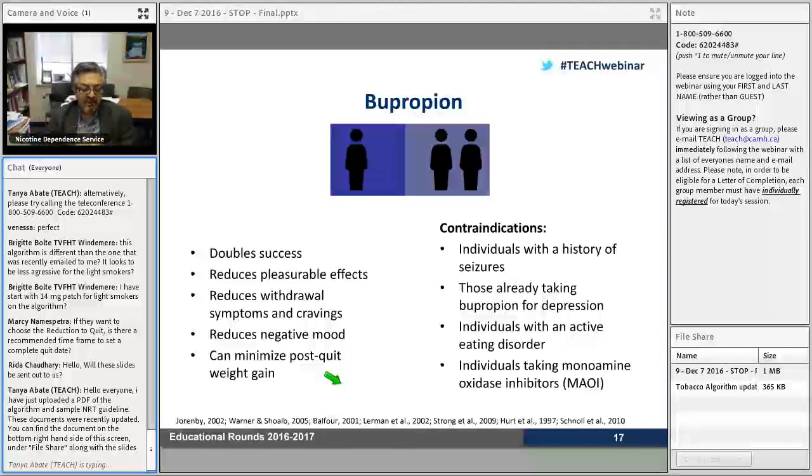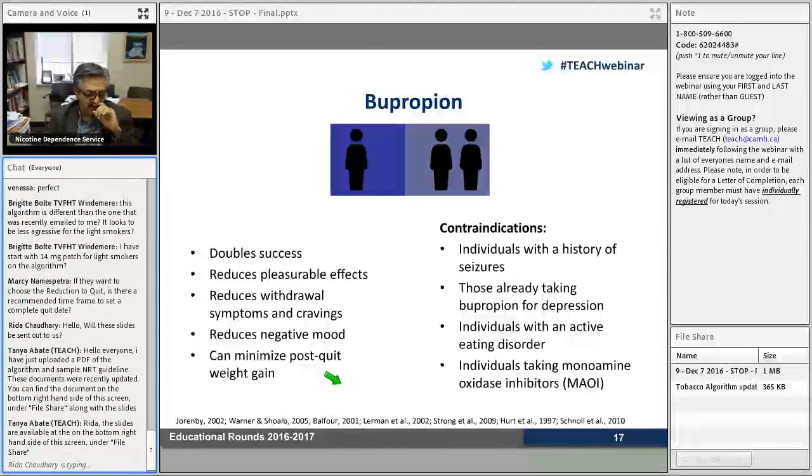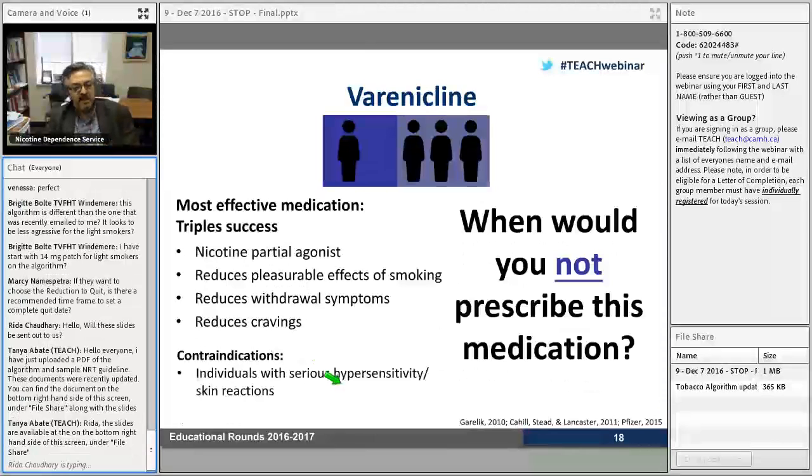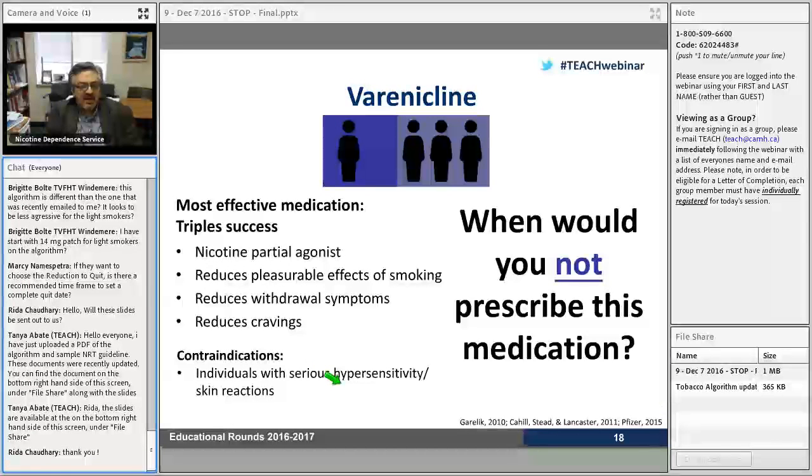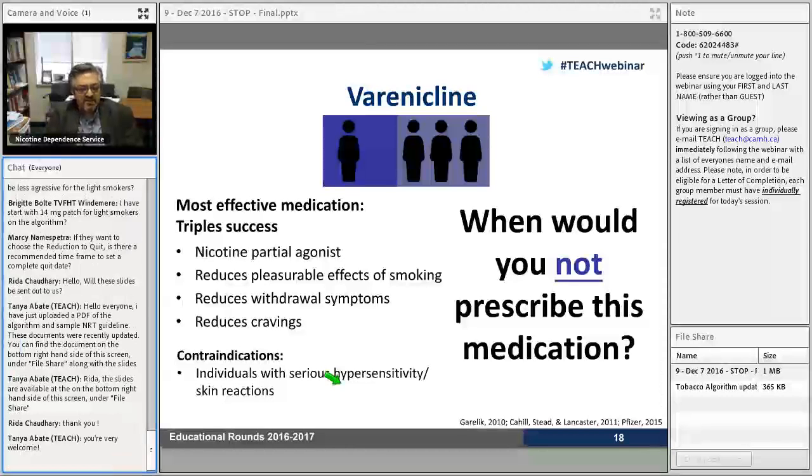And if people are buying cigarettes at $8 a day, roughly 1 week's worth of smokes will cover 3 months of Bupropion.